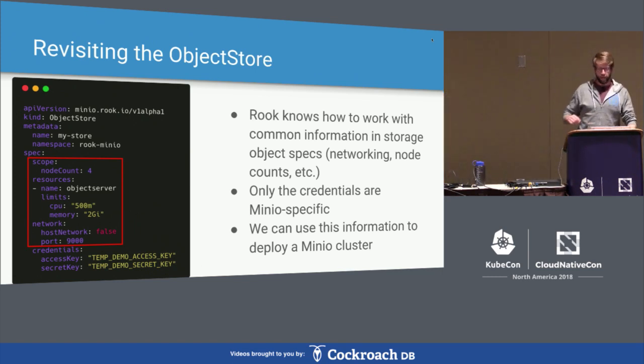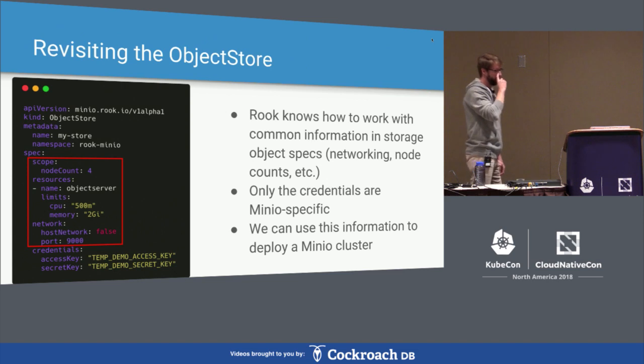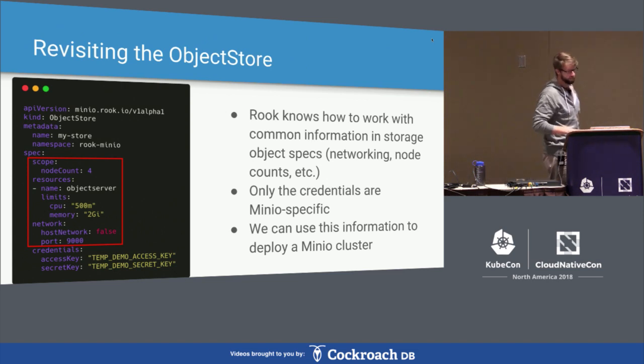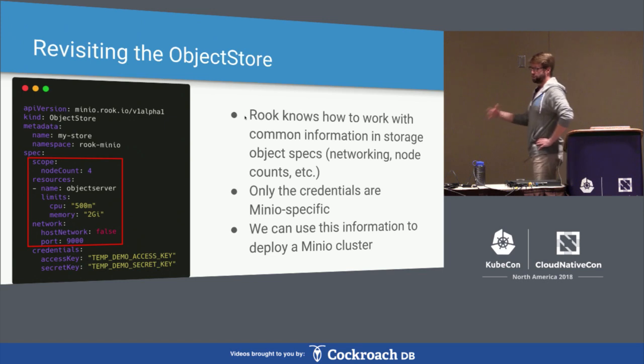So we can see here in the red box, all those things that are squared are the configuration properties that come from that common Rook framework. So the Minio team didn't have to write any of that logic or spec or configuration information. That just comes out of the Rook framework. So all they needed to do was add the part at the bottom about the access keys for accessing the S3 protocol buckets that Minio Object Storage creates. And that's all that they really had to add there.